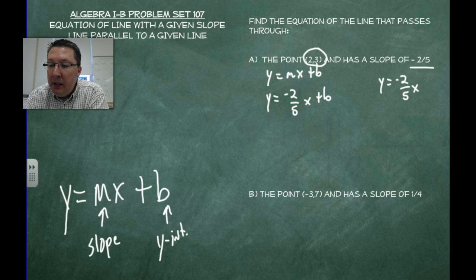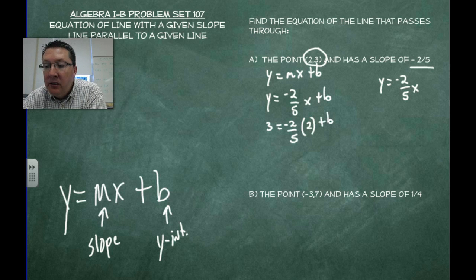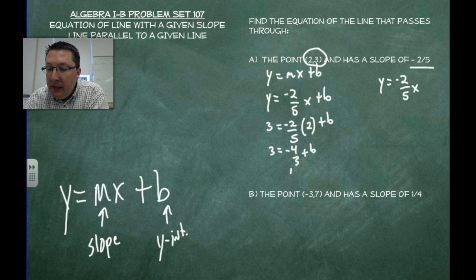So out of that ordered pair, the y value is 3, and I have -2/5 times the x value of 2 plus b. Now I need to solve for b. When I multiply this, -2/5 times 2 becomes -4/5 plus b, and I need to add 4/5 to both sides. 3 plus 4/5.